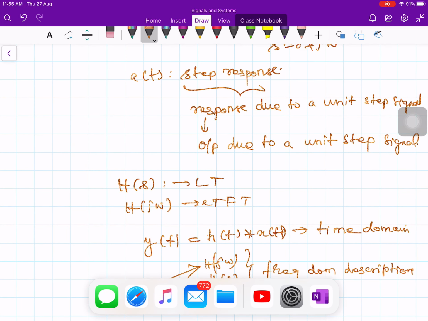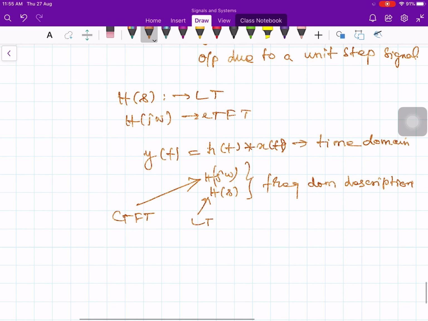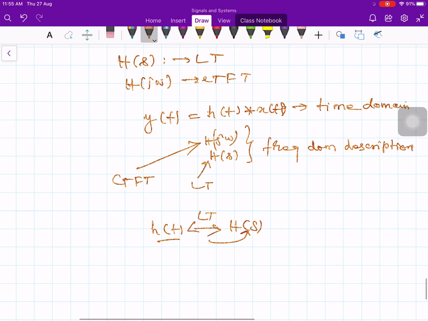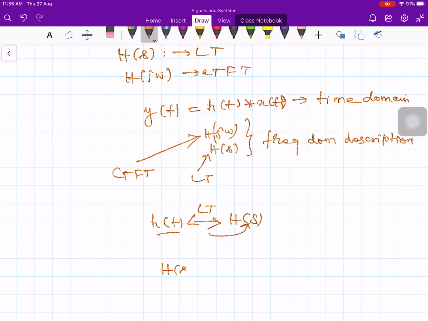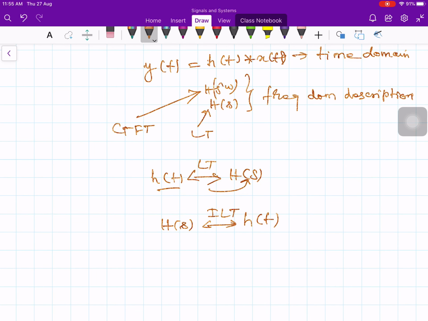So we will see h of s, the system function, and the impulse response h of t, both are related actually. There is a strong relation between h of t and h of s. If you take the Laplace transform of h of t, then you will get h of s. Similarly, you take h of s and take the inverse Laplace transform, then you will get h of t. Similarly, you take h of t and take the continuous time Fourier transform, then you will get h of j omega.